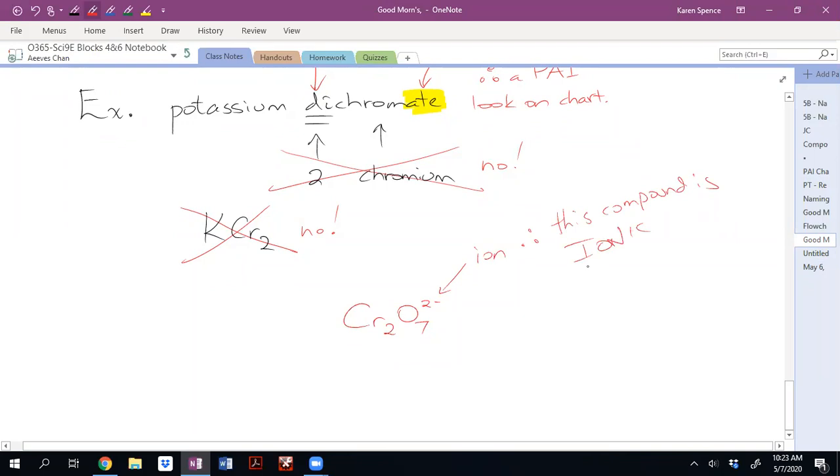If a compound is ionic, we write the formula not by looking at the prefixes, because there really aren't any. Even the di in dichromate isn't really a prefix, it's sort of just part of the dichromate name. We write the formula by balancing the charges.